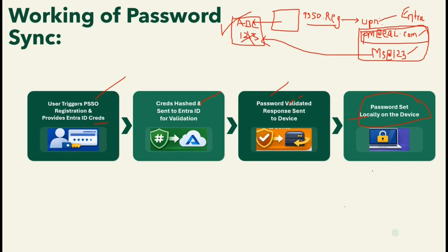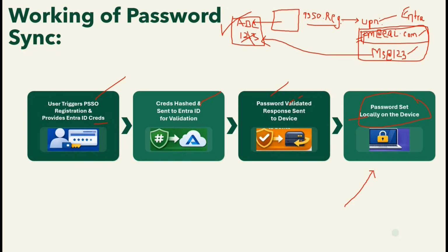And that is exactly what this block is saying: the password that is set locally on the device is the same password as the password of the UPN that was used to do the PSSO registration.